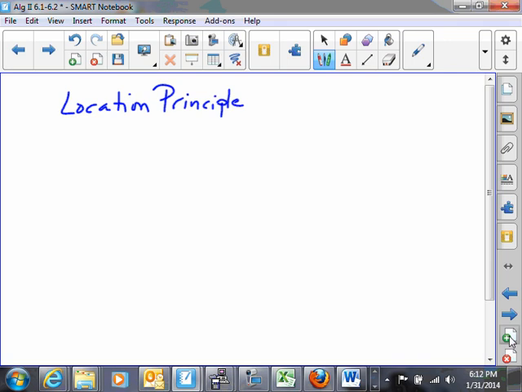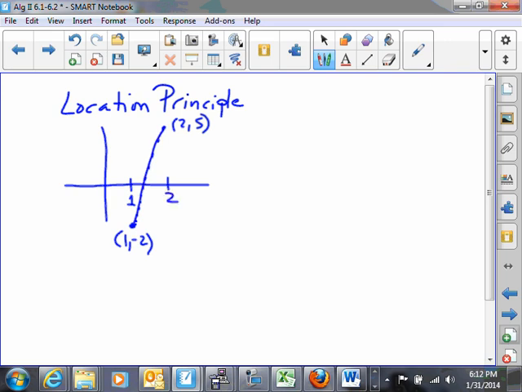If you have a graph of a function, and let's say at x equals 1, the function is at -2, so we have 1, -2, and then the polynomial function at 2 is at the point 2, 5, then what we know is that since polynomial functions are continuous, somewhere between 1 and 2 there was a 0.